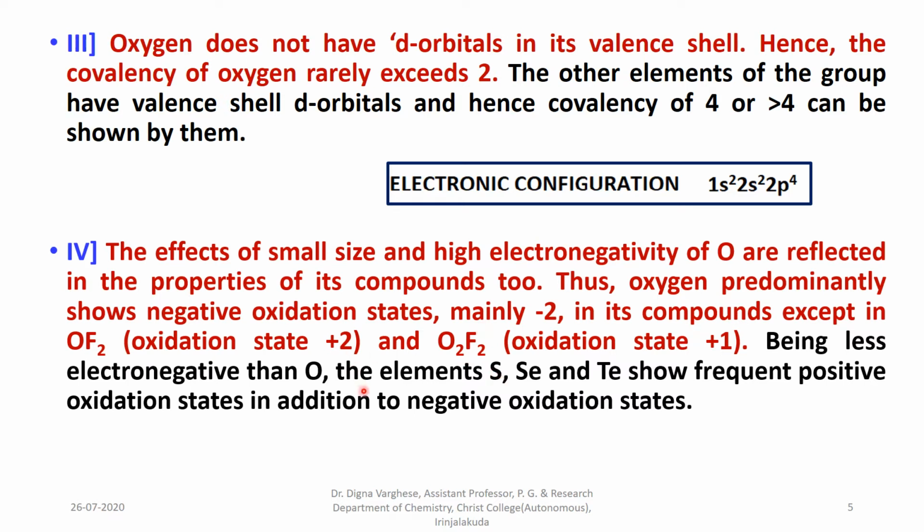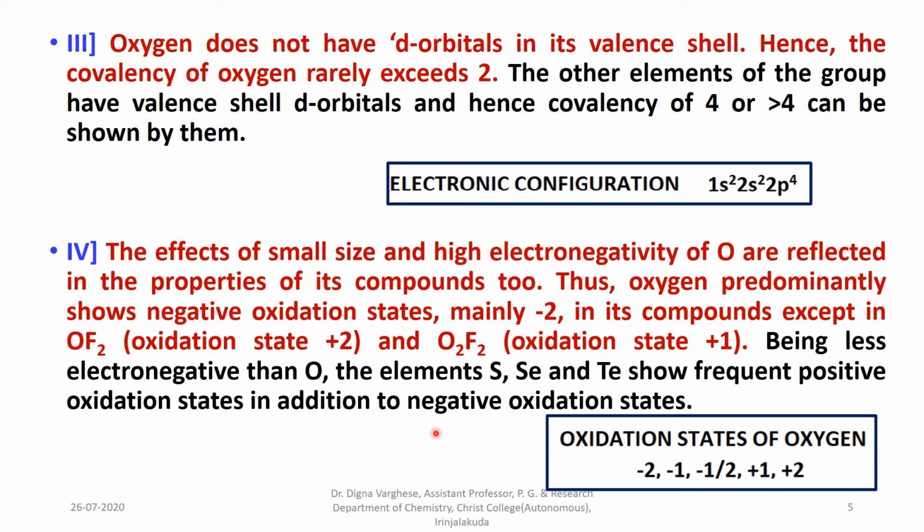Being less electronegative than oxygen, the elements sulfur, selenium and tellurium show frequent positive oxidation states in addition to negative oxidation states. So the oxidation states exhibited by oxygen are -2, -1, -1/2, +1 and +2.